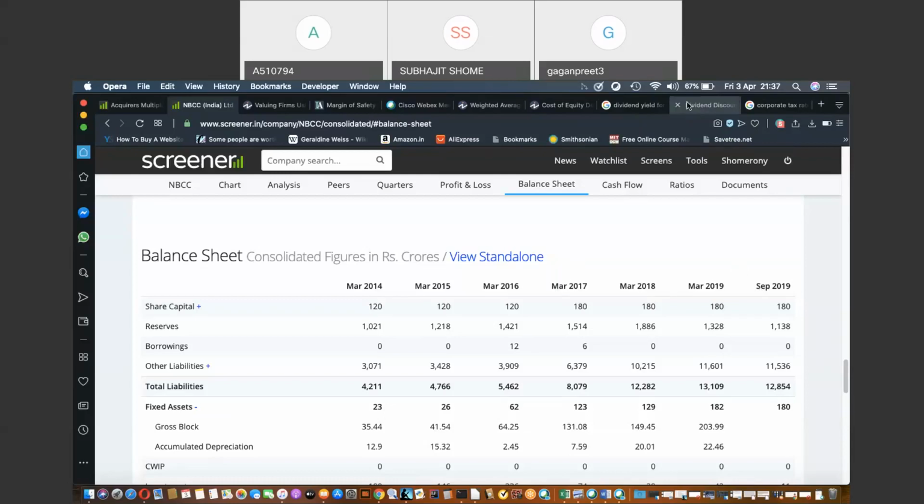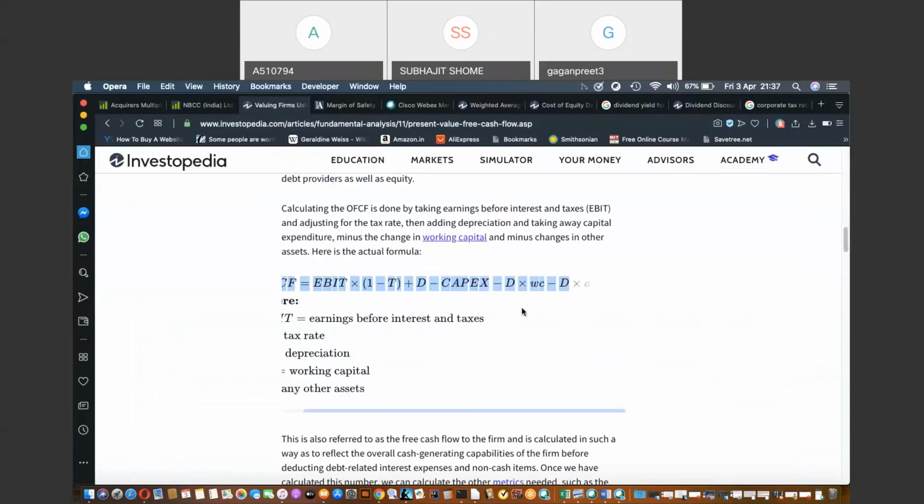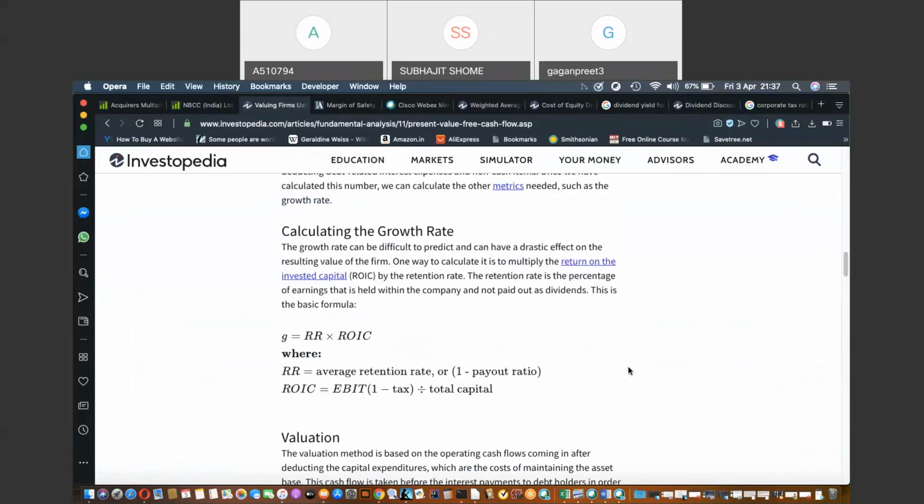Now we try to find out working capital. We have already got this operating free cash flow. Now we calculate something known as growth rate.